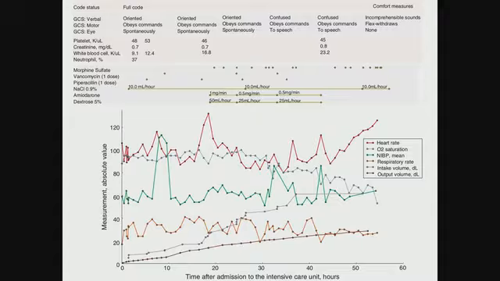Sodium chloride 9%, so that's just keeping them hydrated. Amiodarone and dextrose, so dextrose is giving him some energy. And then these are the various measurements. You see the heart rate, for example, is up pretty high and is going up near the end.